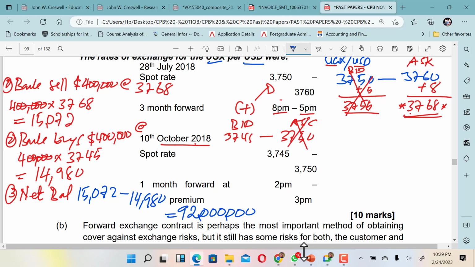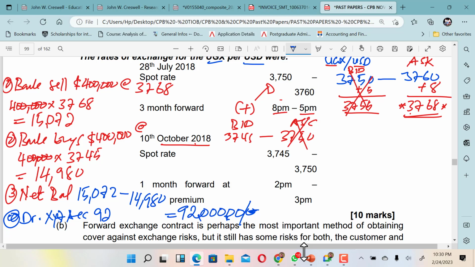Now this is positive, which means to close out the contract, the bank will have to debit this amount from XYZ Limited account. So from XYZ Limited account, the bank is going to debit the 92. Oh, I think I've added one more zero here.